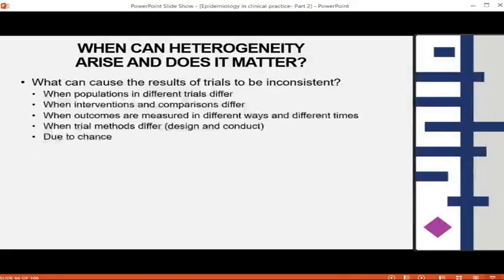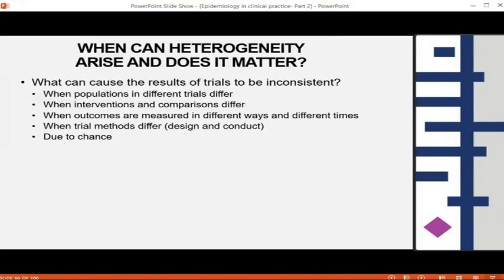So when do you expect to find inconsistent or heterogeneous results? If the trials had differing populations, like older people, younger people, or if the interventions and comparisons were different, like some used higher doses or lower doses, gave it early, gave it late, gave it IV, whatever way, then you can get differences.